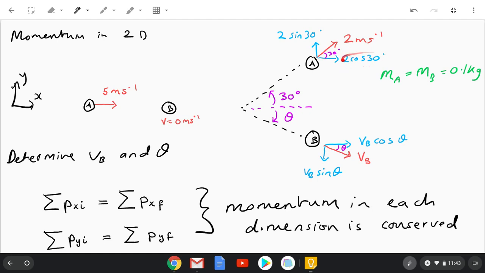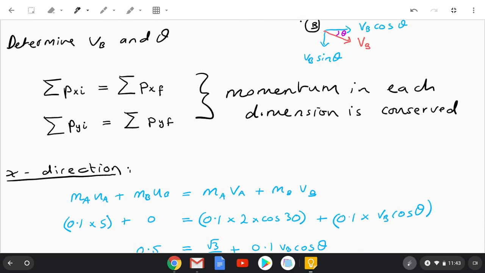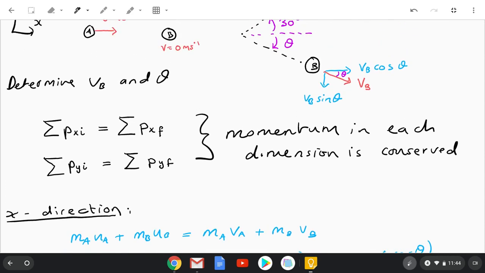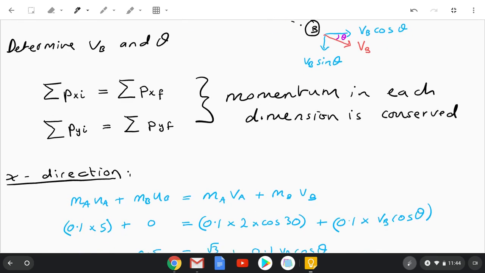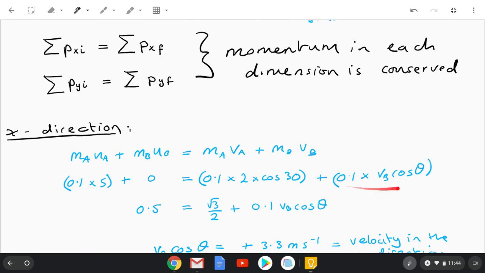So the mass of object A is 0.1 and the speed is 2 cos 30. Object B has a horizontal component of speed of the velocity of B times cos of this unknown angle, so vB cos theta. That's the momentum of object B after the collision.